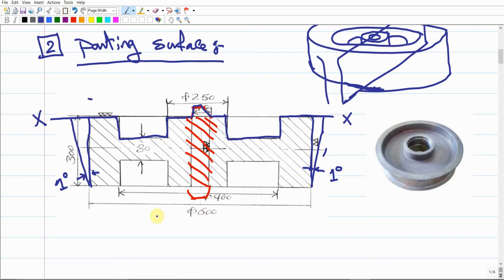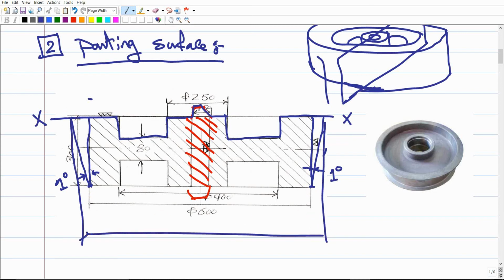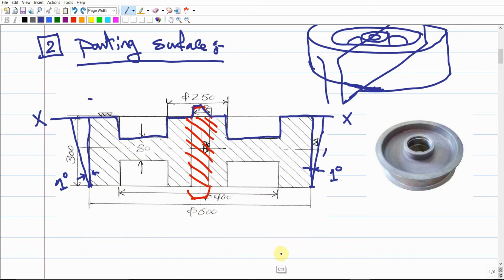It means that the 600 should have two values, one value between these two points, and another value between these top points of the same surface. It means we're going to have 600 plus some taper allowances that should be added here. So that's why the dimension that will be affected by the taper allowance is the 600.